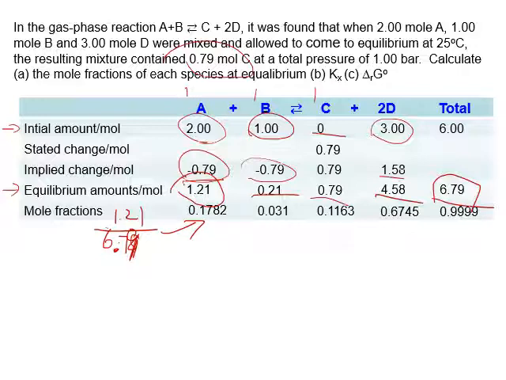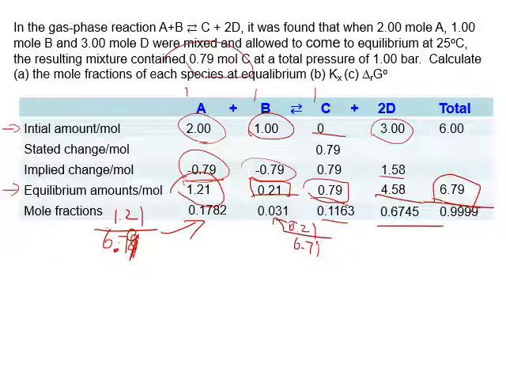Similarly, for B, you use 0.21 divided by 6.79. That gives you 0.031. And for C, you use 0.79 divided by the total amount, which gives you 0.1163. Similarly, you get the mole fraction of D.